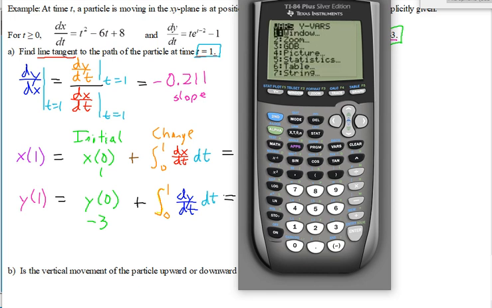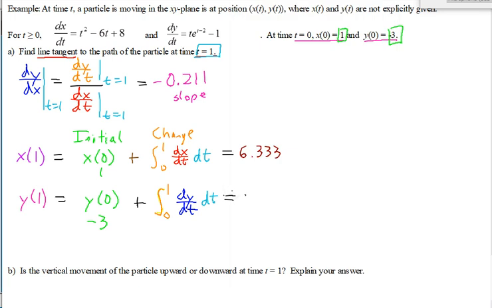So vars, y variables, parametric, y1 of t, 0 to 1. So we get negative 3.865 if we run it. So there's our y coordinate.